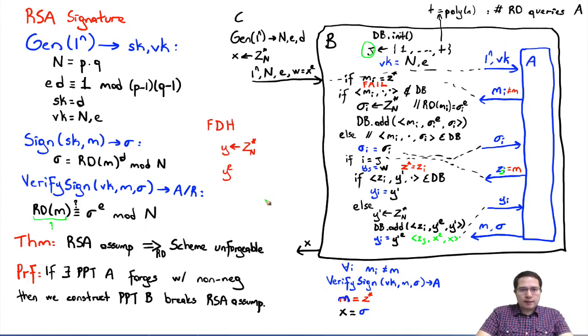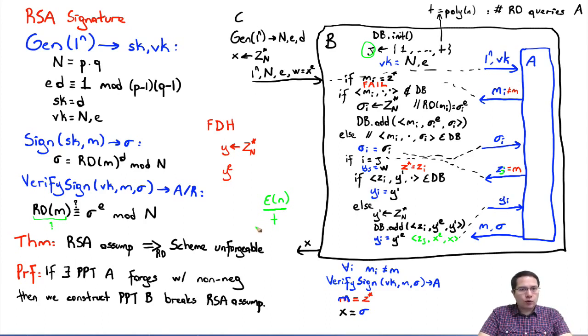Remember, A wins with some epsilon of n probability. If that's the case and the guess of J was correct, then B would win with this probability. There are at most T queries that the adversary makes to the random oracle. At least one of them needs to be this message. Therefore, B wins with probability epsilon of n over T, at least. So if epsilon of n is non-negligible, T is polynomial, non-negligible over polynomial would be non-negligible.